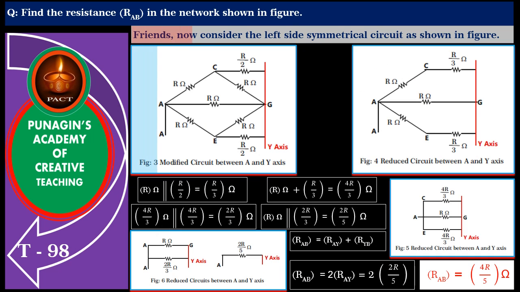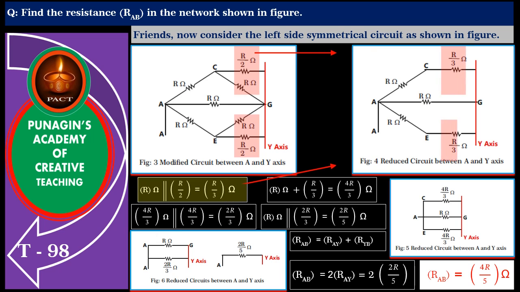Friends, now consider the left side symmetrical circuit as shown in figure. You find that on the top side and on the bottom side, R ohm and R by 2 ohm are in parallel and their equivalent is R by 3 ohm as shown in figure.